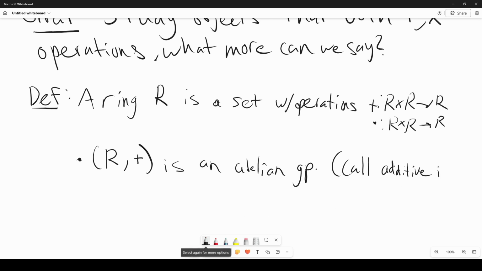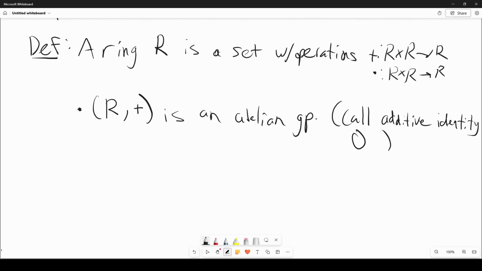Note that I'm calling it additive as opposed to maybe multiplicative, so we can differentiate the two. Identity 0. Okay, that's very natural.